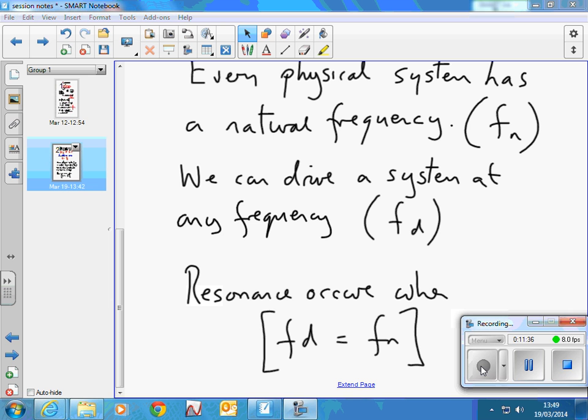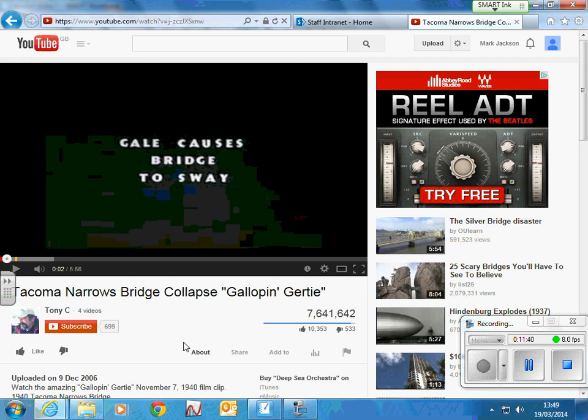A physical system might be something like a bridge, and there's a very famous little video sequence about a bridge that collapsed when the wind flowing round the bridge got it to oscillate at its natural frequency. The physical properties of the bridge meant it was able to oscillate at its natural frequency, and that caused all sorts of nasty things to happen.